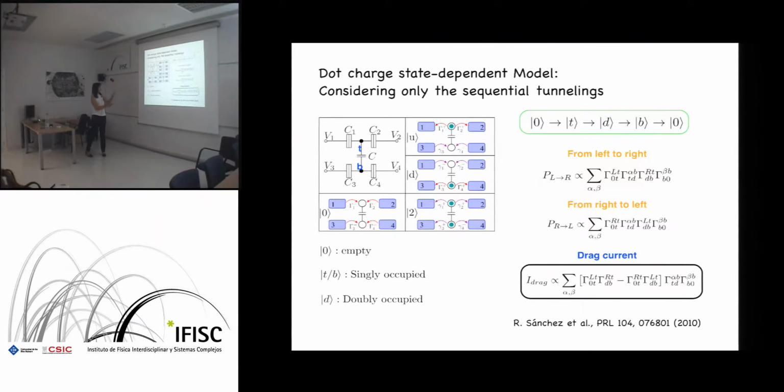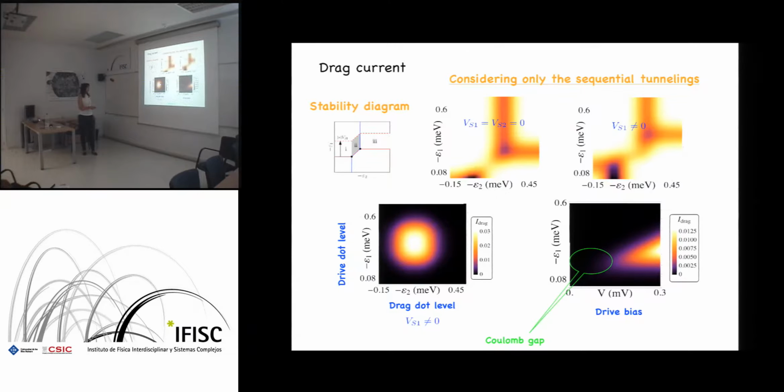So this is for the sequential tunneling, and if we now plot the drag current when we tune the dot gate potentials for the top and the bottom dots, so this is the dot level position for the top and this is for the bottom, then we see a spot here which is close to the region in which the charge changes from n to n plus 1 in one of the dots and n to n plus 1 in the other dot, which is called the triple point.